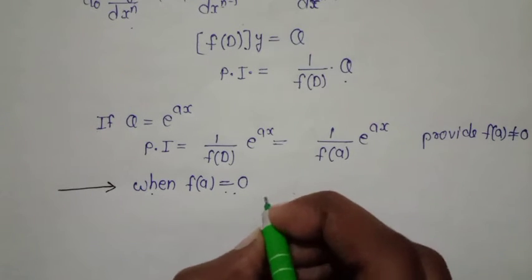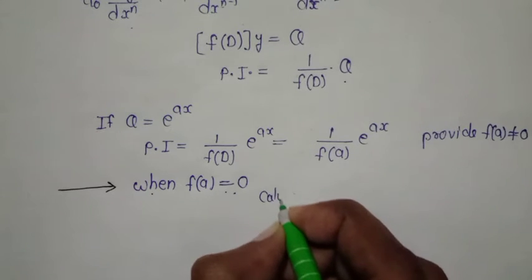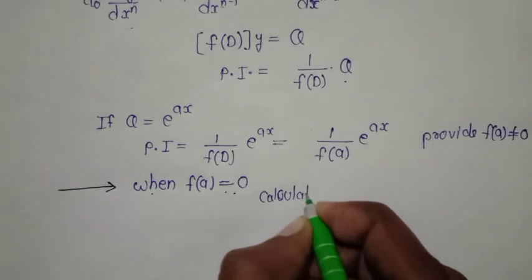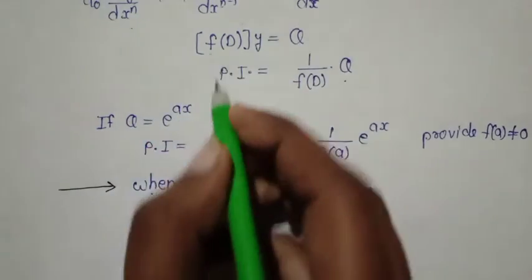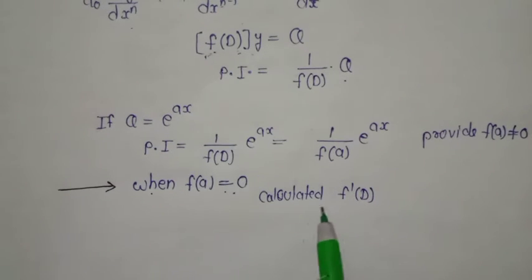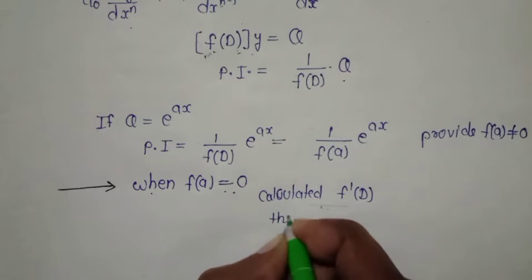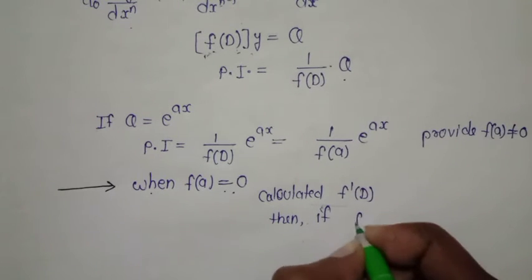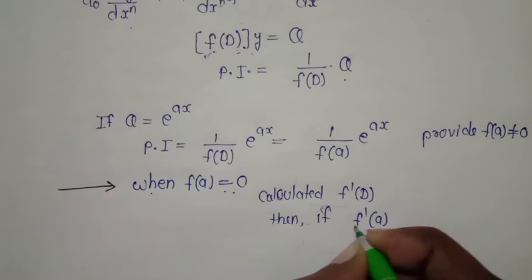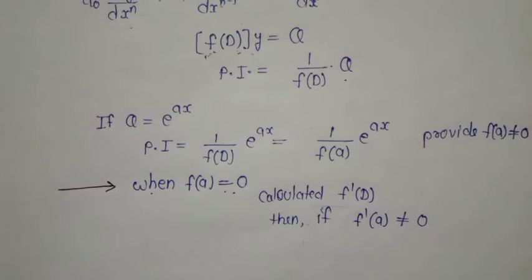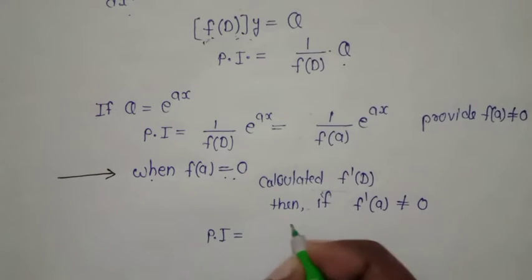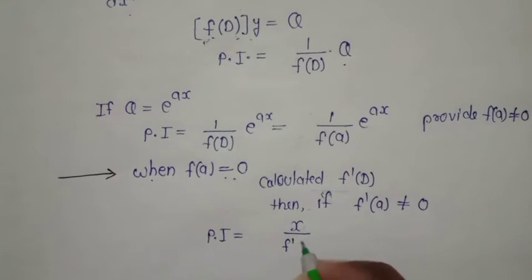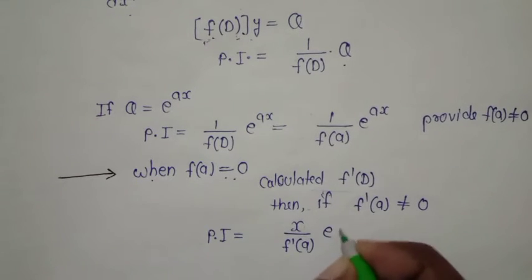Firstly we will calculate f dash of D. That is, whatever we have as f of D, firstly we will differentiate it, and then we put D is equal to a. In that case, if f dash a is not equal to 0, then the particular integral is equal to x by f dash a into e raised to power ax.